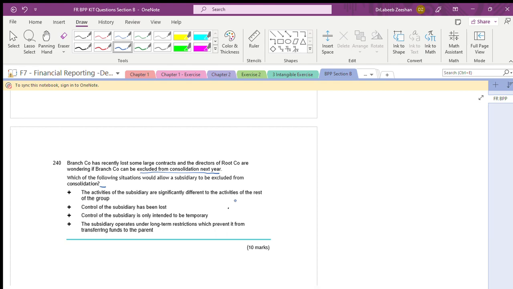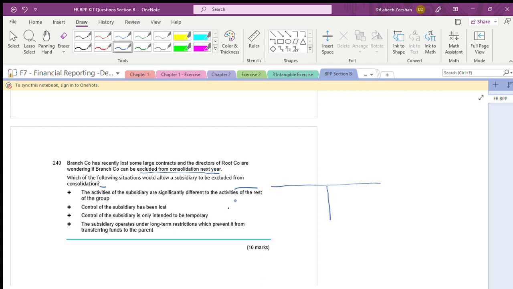Now, the activities of the subsidiary are significantly different to the activities of the parent. No, that is not the case. Whenever there is an acquisition, whenever there is a group, there is no precondition that only in one type of issue you will have horizontal, you will have vertical.